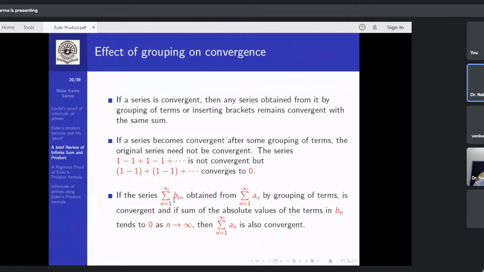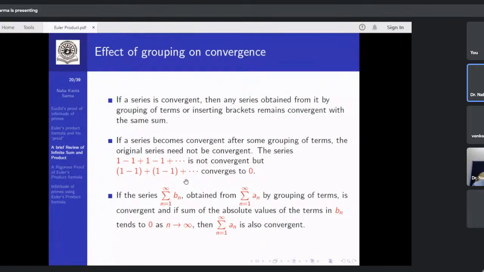In the second item, what we have seen is that if a general series is given to you and you put brackets and it becomes convergent, you cannot say whether the original series is convergent or not. Because with this 1 minus 1 series, if I put brackets, the resulting new series becomes convergent, but the original series is not convergent.